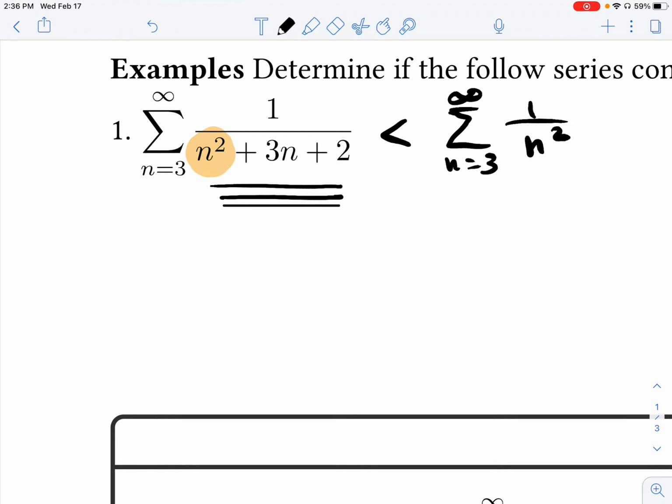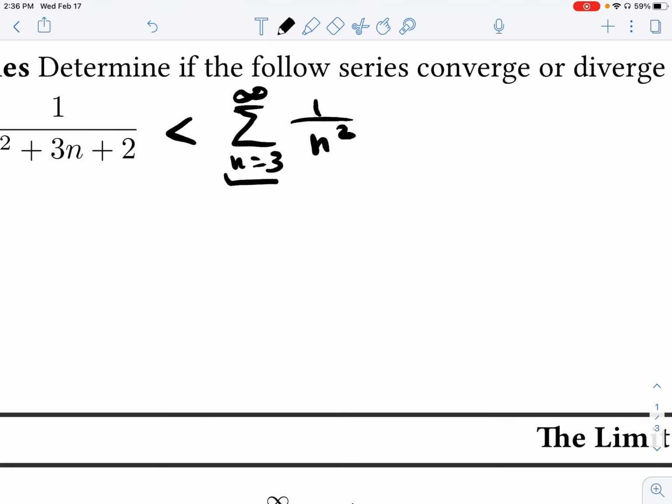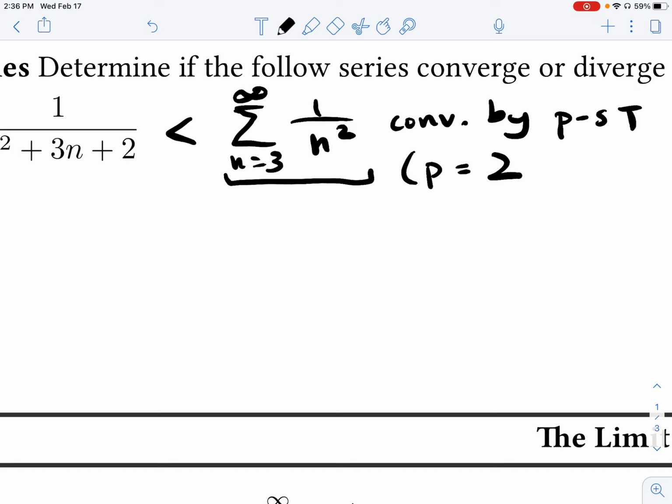Also, I know that this series here converges by the p-series test, because our p-value is equal to 2, which is greater than 1. So that series converges by the p-series test.